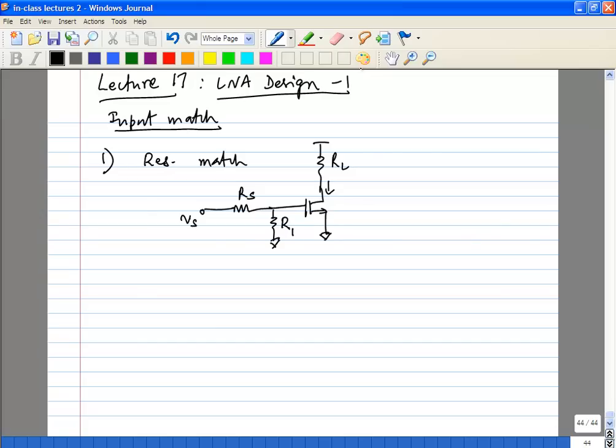For low frequencies, very obviously the MOSFET is open circuit, very high impedance, so the impedance is going to be just R1, right? So it's going to be well matched, and it's a fairly broadband match. It's not a narrow band match. And what you're going to do, you're going to make R1 equal RS for power matching.